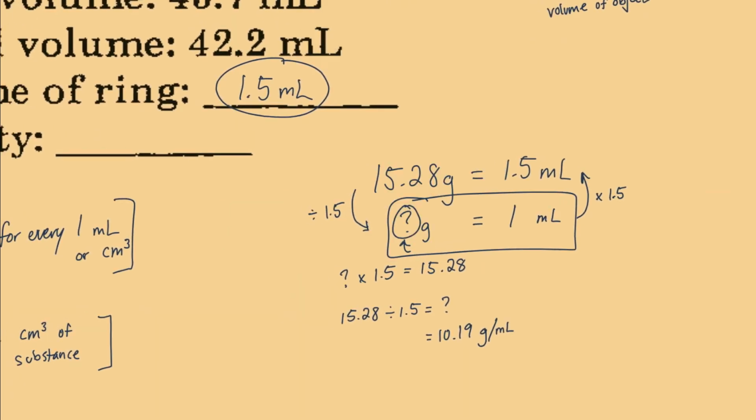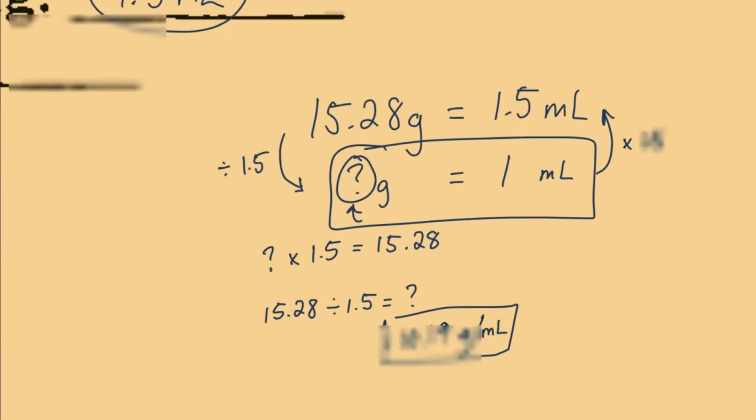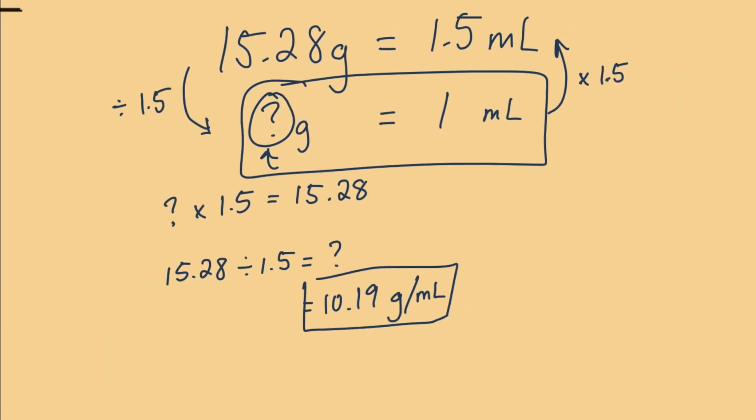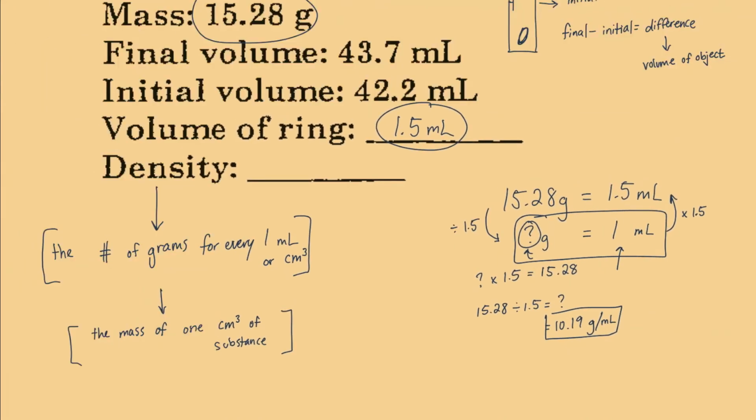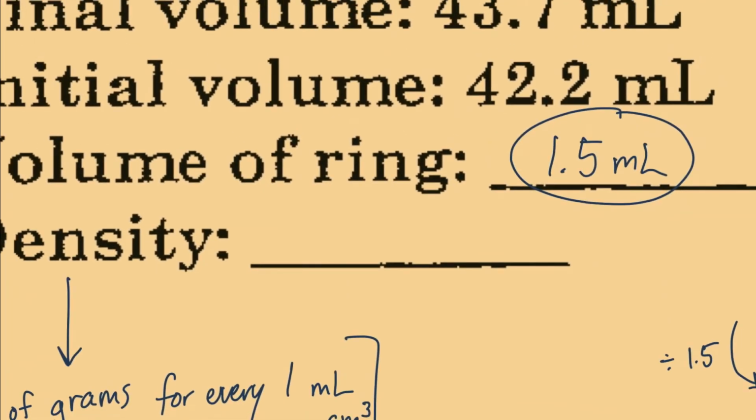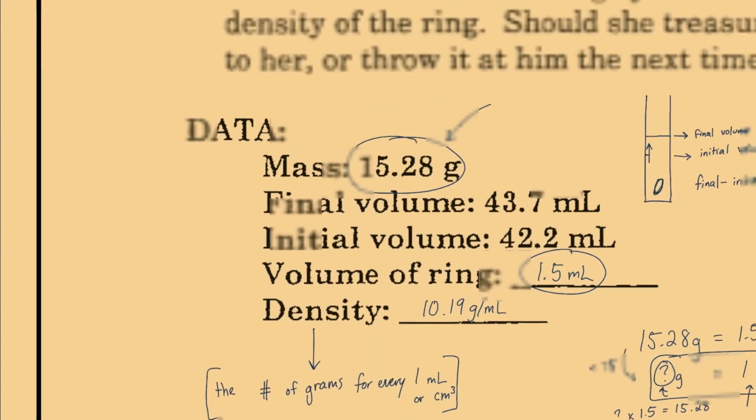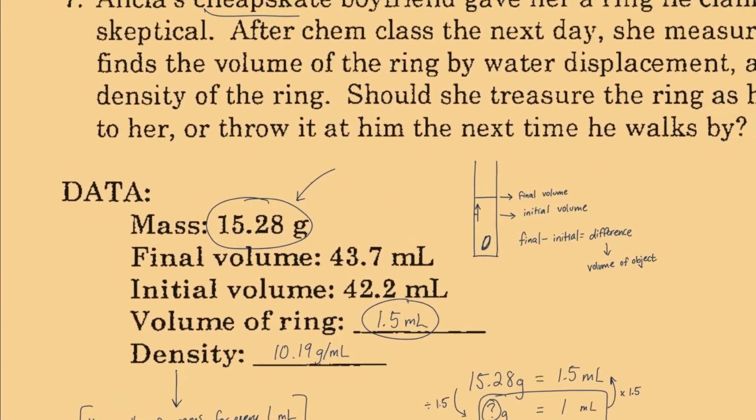That is the density that we just solved for. 10.19 grams is the number of grams that goes with 1 milliliter or 1 cubic centimeter. All right, so that is our density here of this ring.